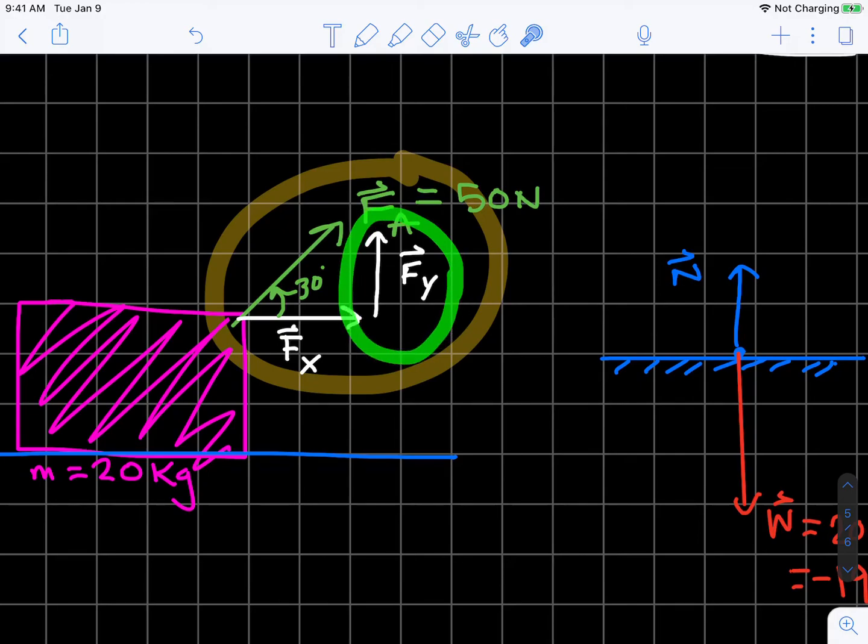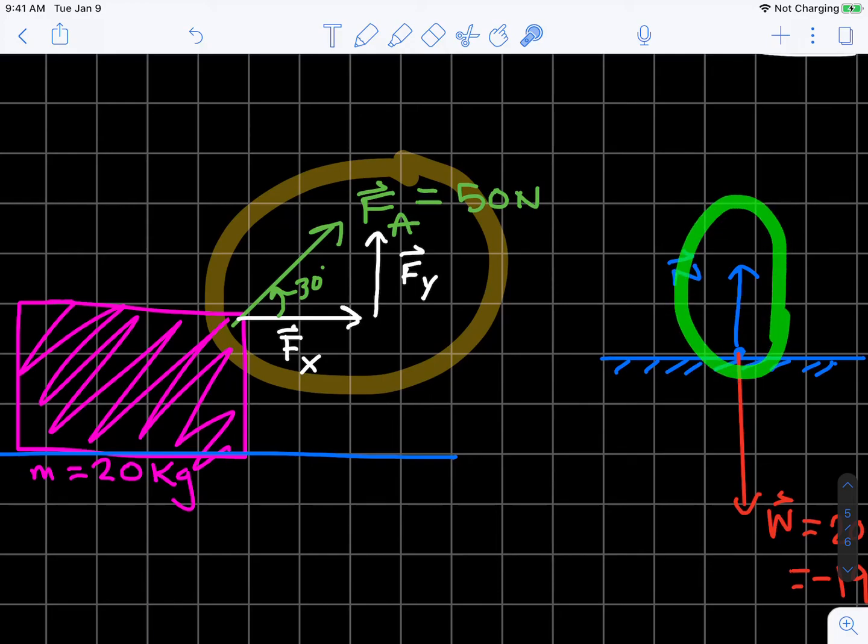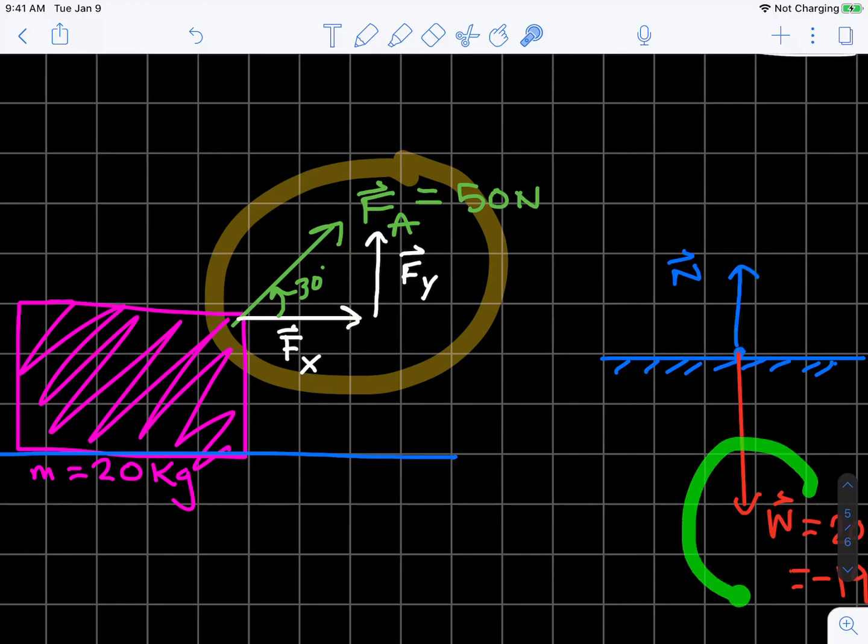Now here's where it gets a little bit sticky. This component is helping the normal force. Okay? That component is helping the normal force in the up direction. This component, along with the normal force, should be equal to the magnitude of the weight. Why is that?